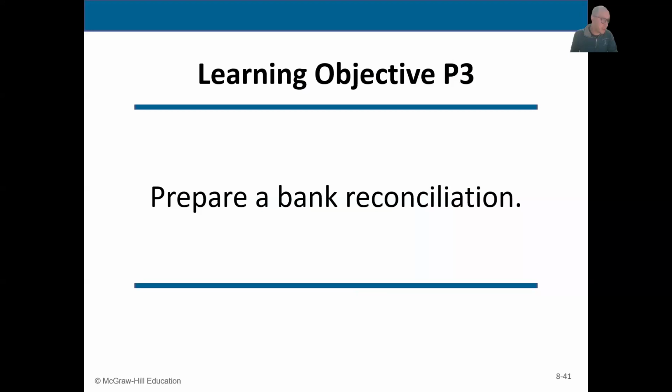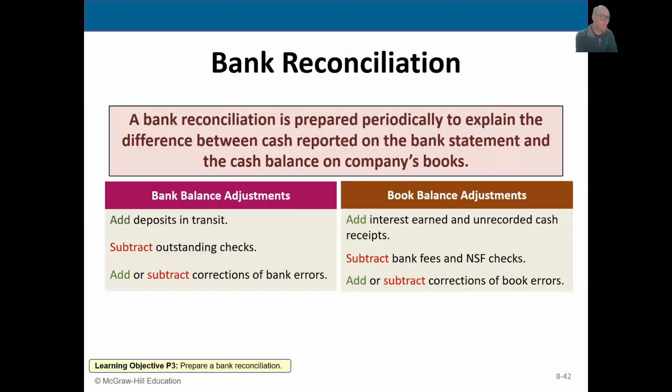So for bank reconciliations, oftentimes we need to make adjusting entries, and there's a couple reasons why we need to do this. On the bank side, we need to adjust for things like deposits in transit, meaning I went to the bank, I made the deposit, but it hasn't posted to the account yet.